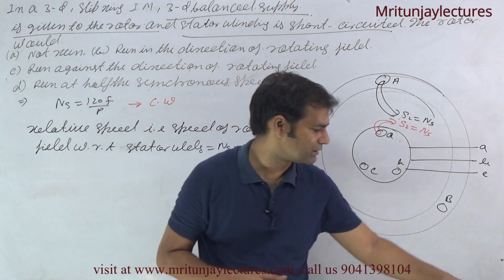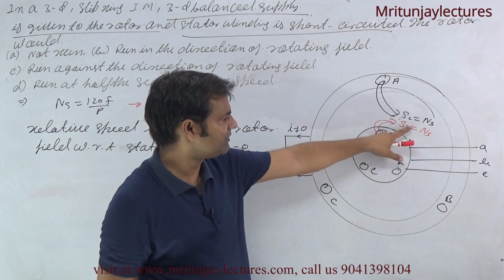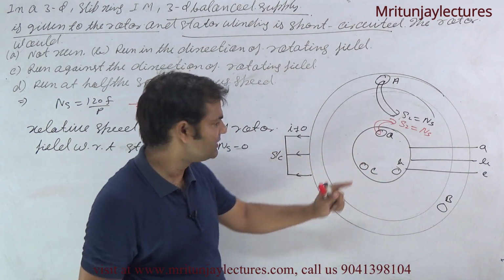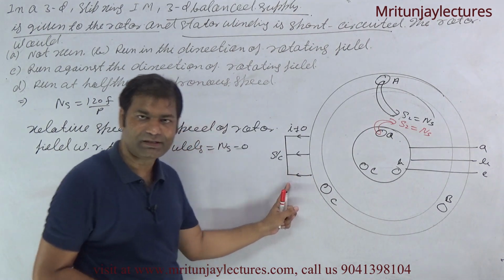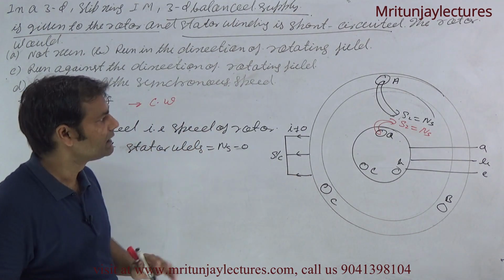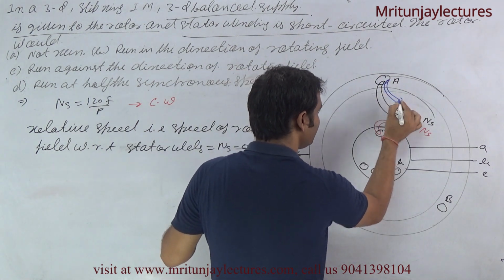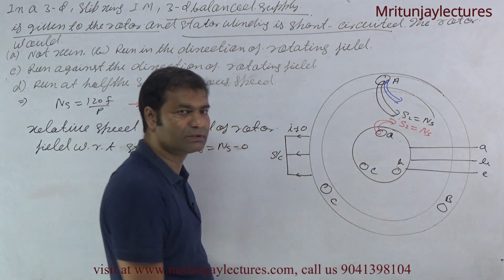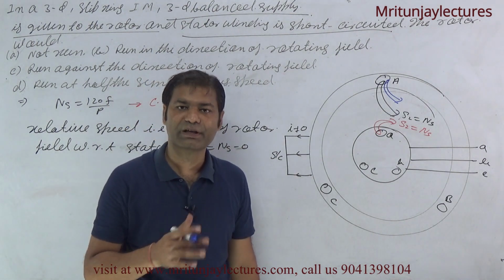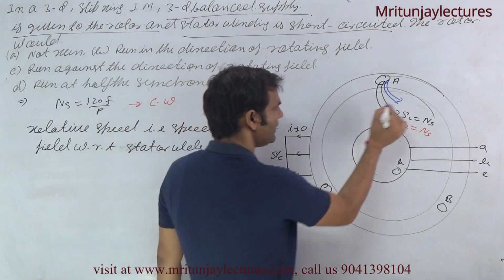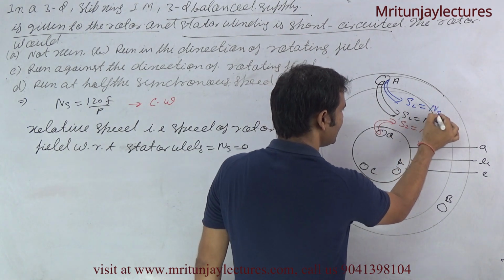What is the cause of production? Relative motion, that is NS. So if you sit on the stator winding, the relative motion is reduced because of Lenz law opposing the relative motion. It means S2 like NS minus NR.